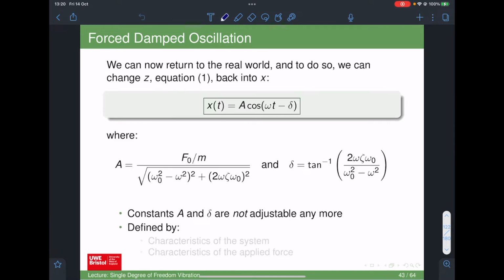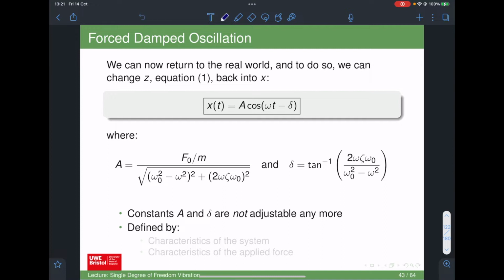Right, so there we go. So again, we take the real parts and convert it back to displacement, and we know that A and δ are these two expressions. Now, like the forced undamped case, where there was an amplitude term, and that was defined by the system and the force being applied, you've got exactly the same thing going on here.